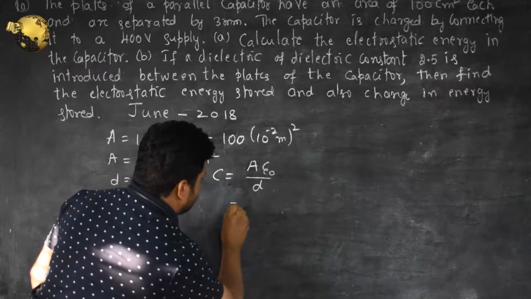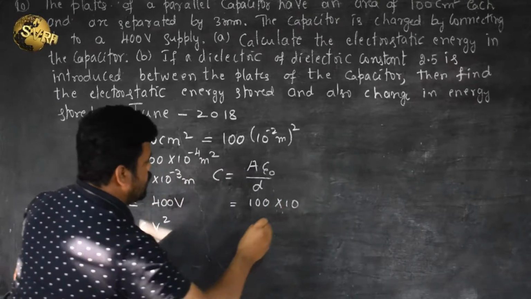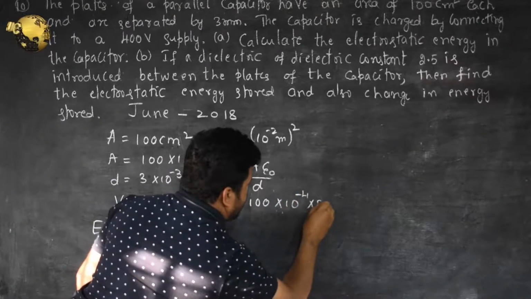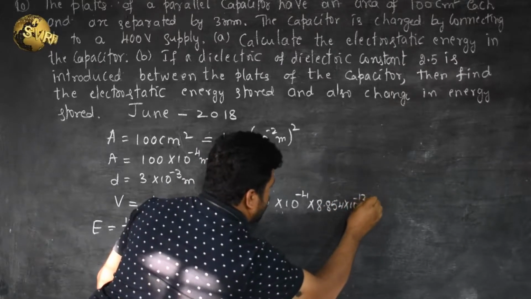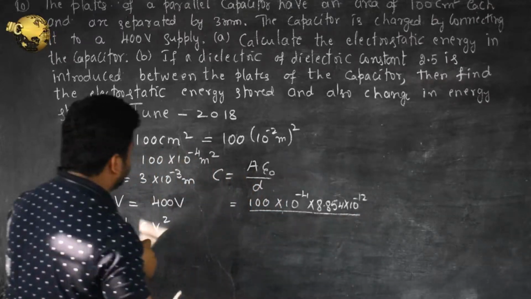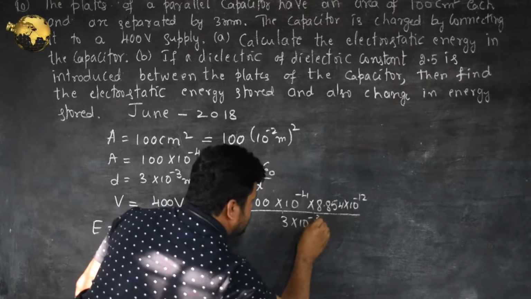So area 100 into 10 to the power minus 4 into 8.854 into 10 to the power minus 12, whole divided by D, that is 3 into 10 to the power minus 3.